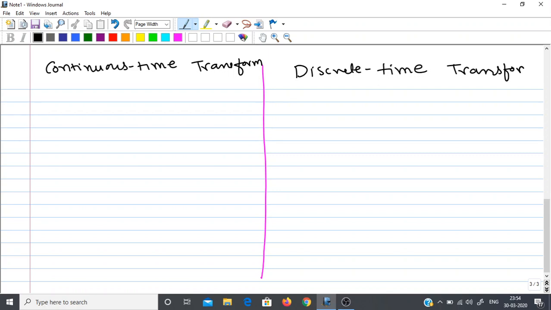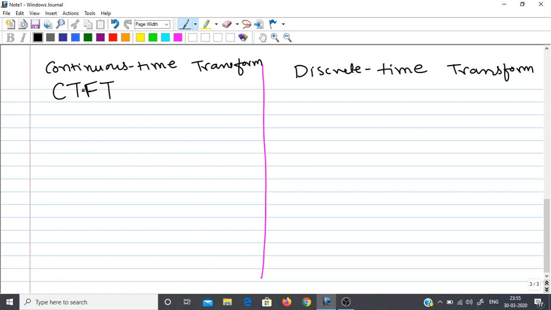So can anybody guess which transform is the most popular for continuous time signal? You are right, it is the Fourier transform. So the first transform, I can call it continuous time Fourier transform. I am simply writing abbreviations.